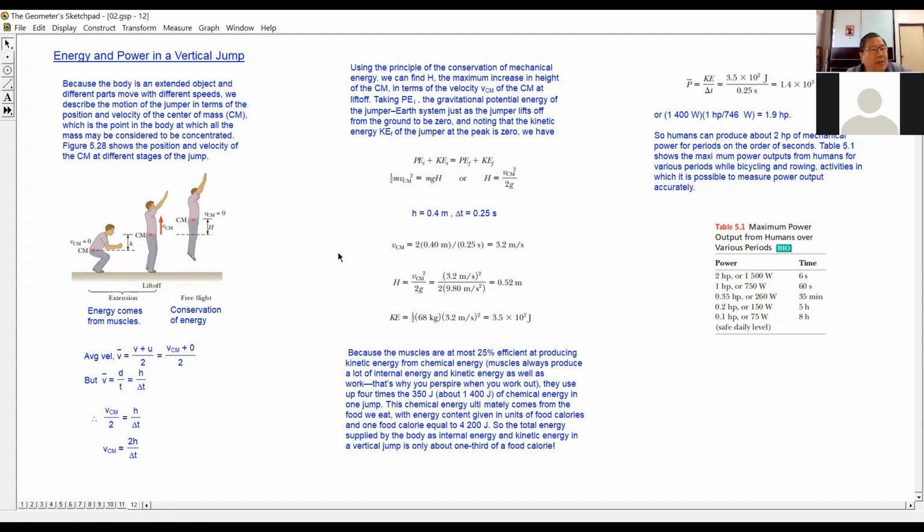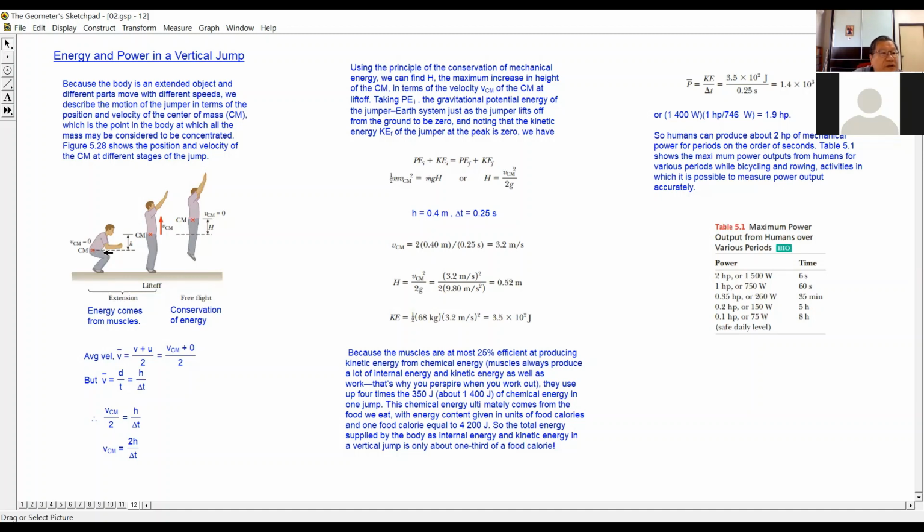Okay, so now we consider the velocity. Earlier on, I explained to you the muscles and the conversion of energy. Now we look at figures. We look at the velocity and the height. From the initial stage here, as he bends the body, the velocity is zero.